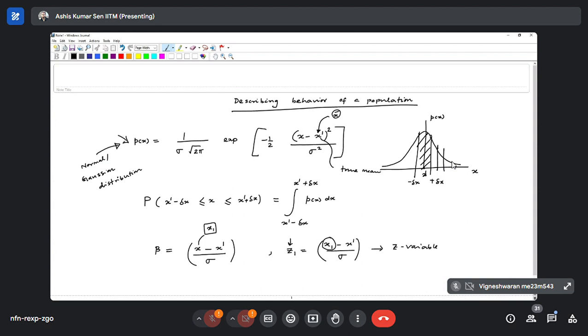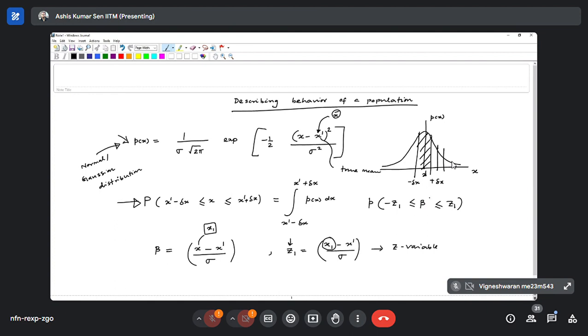So we have the normal distribution curve appearing as, if you want to know, let's say, the probability that the data is going to lie within a certain interval. Let's say probability that the data is going to lie between minus z1 less than or equal to beta less than or equal to z1.